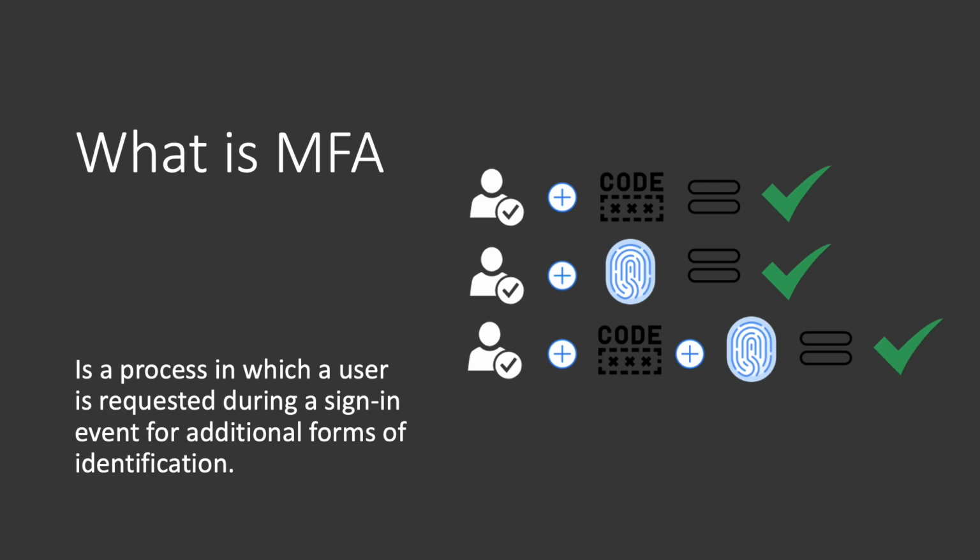Or it could be a combination of three: credentials, biometric information, plus a one-time password, and then we can grant access to the user to log into the system. For now, we're going to be focusing on the main scenario, which is a user with a one-time code. That code will be unique every time the user tries to log in, they will need to have a new code, and based on that, they will be able to log in.